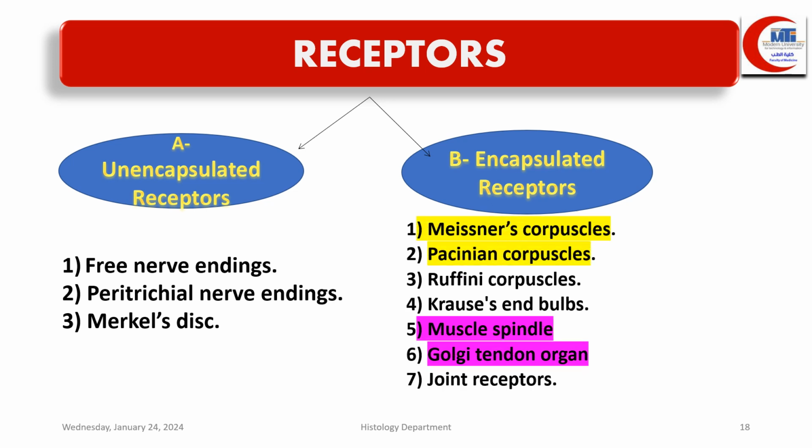As regards encapsulated receptors, there are several types: Meissner corpuscle, Pacinian corpuscle, Ruffini corpuscle, Krause's end bulb. And now we will discuss other types, which are muscle spindle, Golgi tendon organ, and joint receptors.